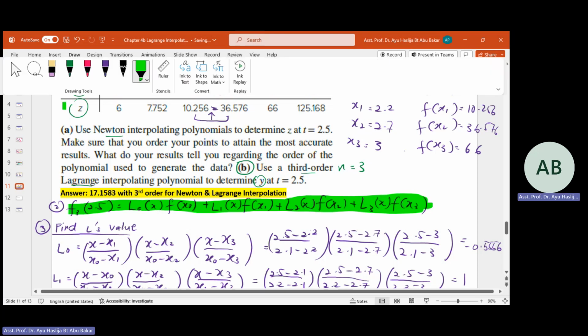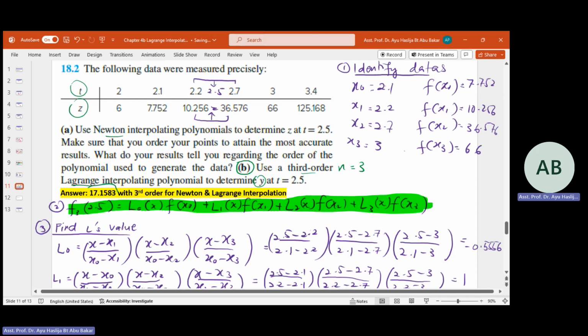Final answer is 17.15. Here. Surround that figure. It's up to the decimal places that you choose.